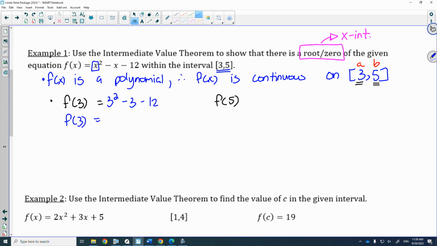F of 3 is 9 minus 3, 6, minus 12, negative 6. Are we good with that? Okay. F of 5 would be 5 squared minus 5 minus 12. F of 5 is going to be 25 minus 5 is 20. 20 minus 12 is 8. Okay, so let's visualize this on a graph.